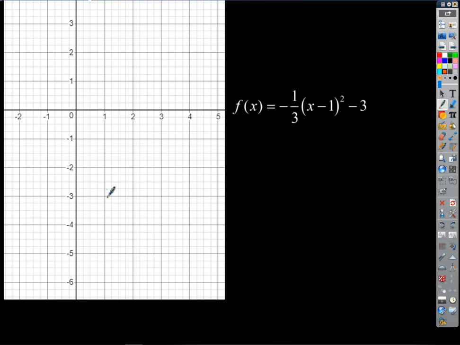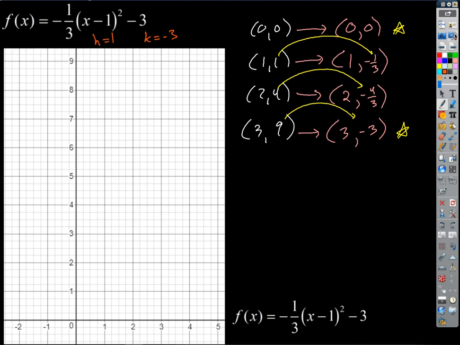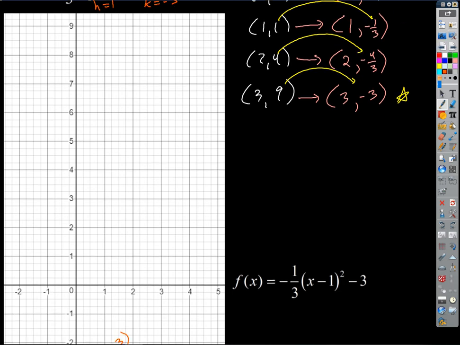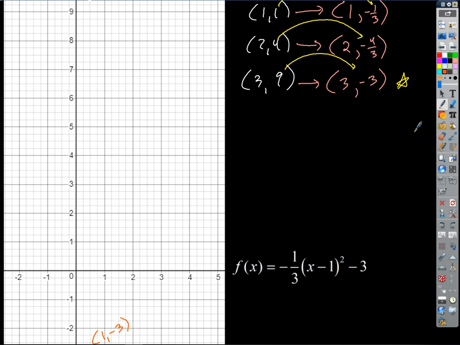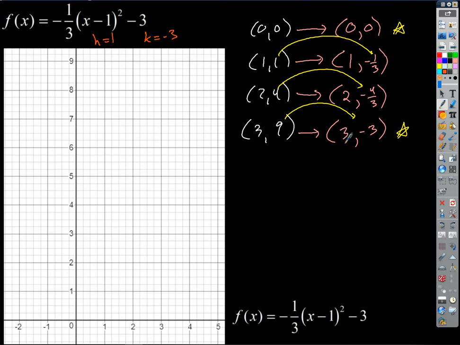Over 1 and down 3, so there's my vertex. And then let's just use our recipe here. So we go over 0 and up 0. So there's my vertex, right? And then from the vertex, this was the point we wanted to use right here. So we're going to go right by 3 and down by 3, right?